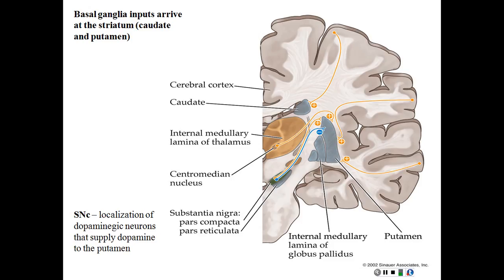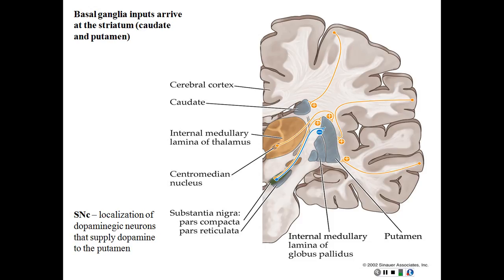So the cortex is actually sending lots of excitatory inputs down to it to regulate basal ganglia function. But as much as that's interesting, there's one center here that's providing a dual input to the caudate and the putamen, and that is actually the substantia nigra compacta.